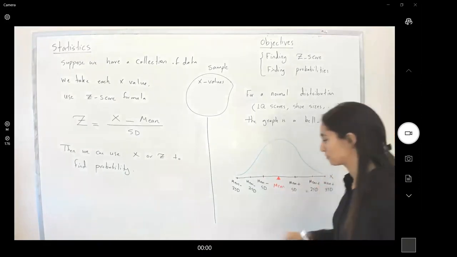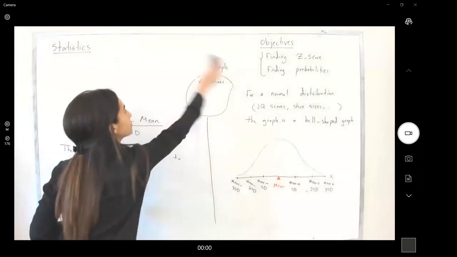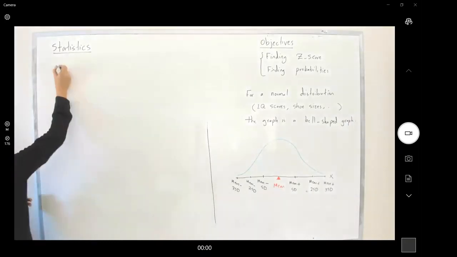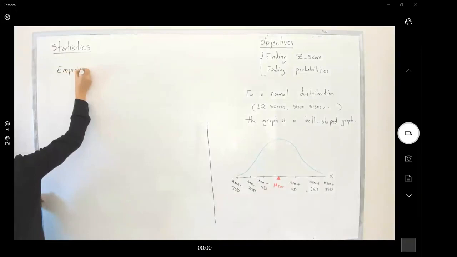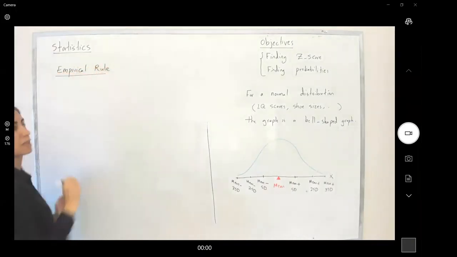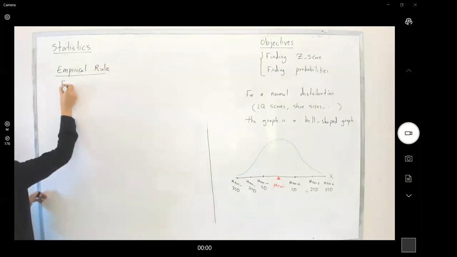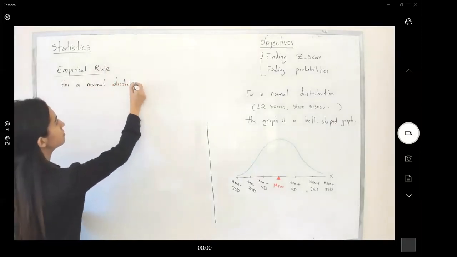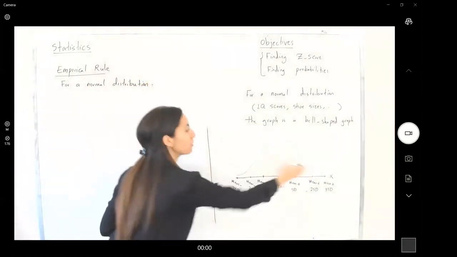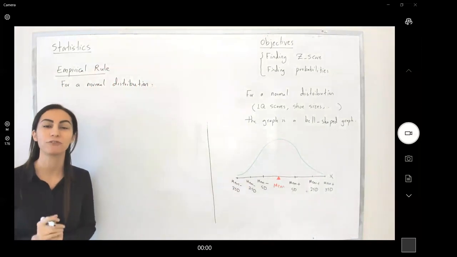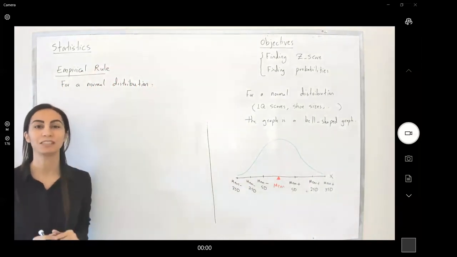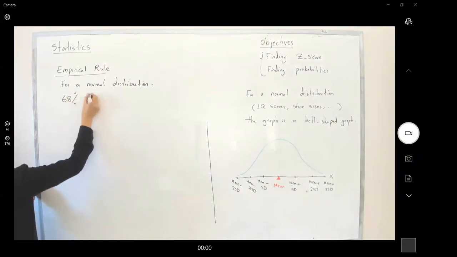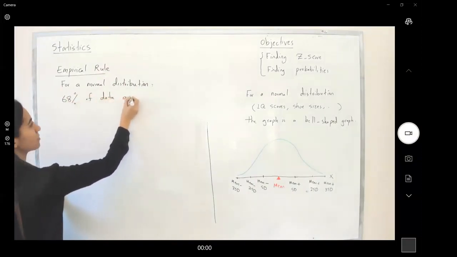The empirical rule says that if we have a normal distribution, a bell-shaped graph, 68% of your data is within 1 standard deviation of the mean.